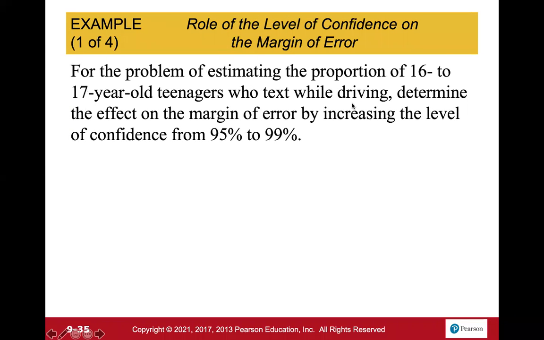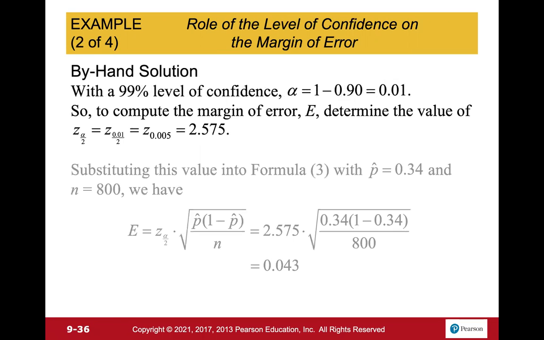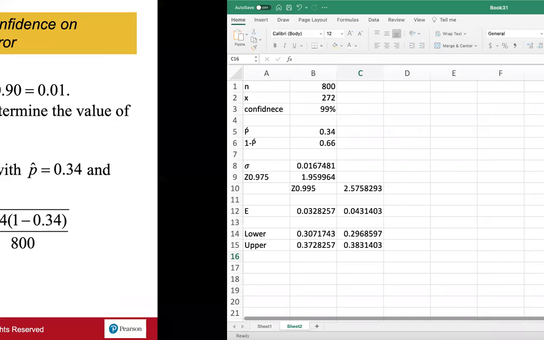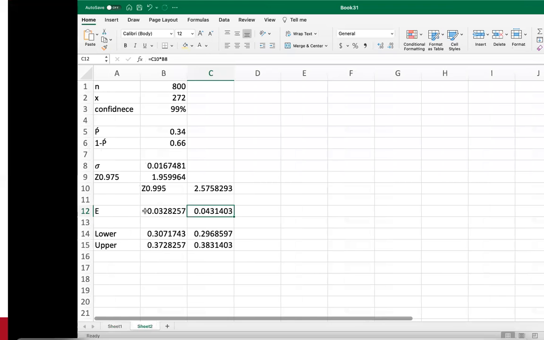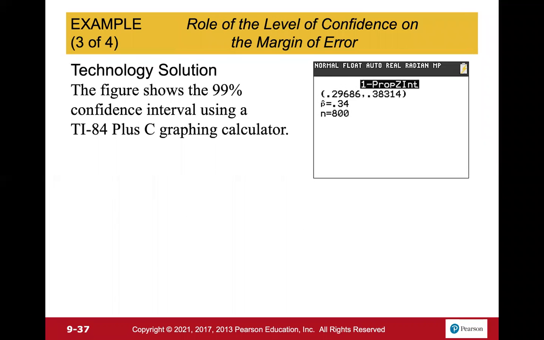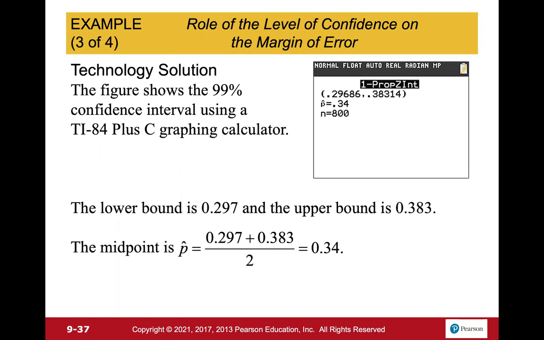Now let's see if we missed anything. By hand, they computed these values. They found our margin of error to be 0.04. Remember earlier, it was 0.33. And here they used the TI-84 calculator. We used Excel because it looks cooler.